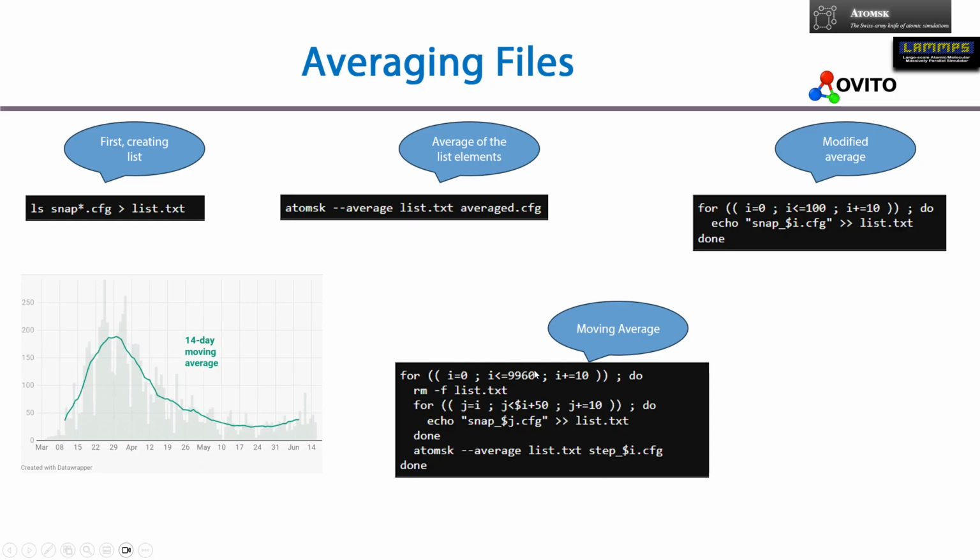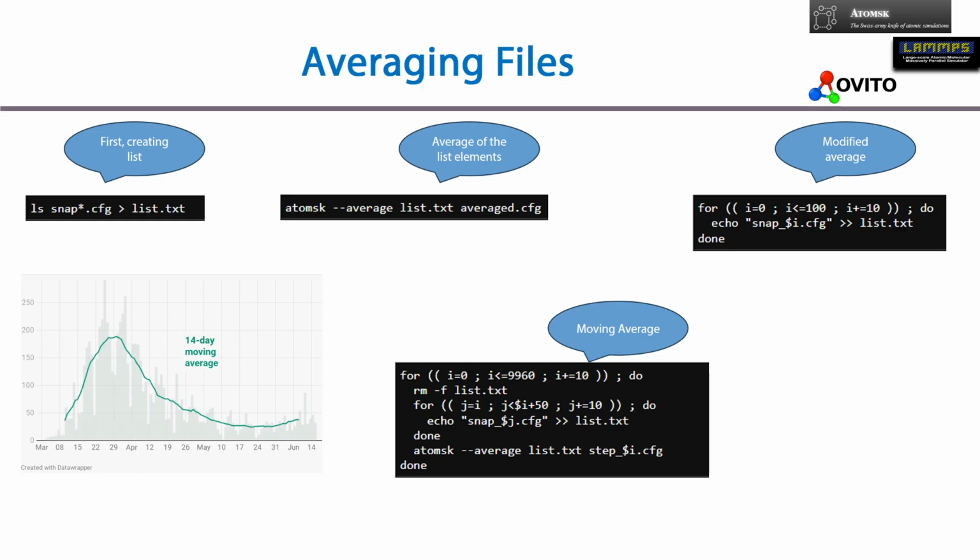As you can see, by this code we are trying to find the moving average. We are utilizing two loops. The outer loop moves from 0 to 9960, and the plus 10 is used because in ATOMSK we are only dealing with 0, 10, 20, 30 syntaxed files. So this is your outer loop, which consists of all the CFG files that you have. The inner loop: when the value of i equals 0 and j equals i, it will move from 0 to 50, so it will have 0, 10, 20, 30, 40.